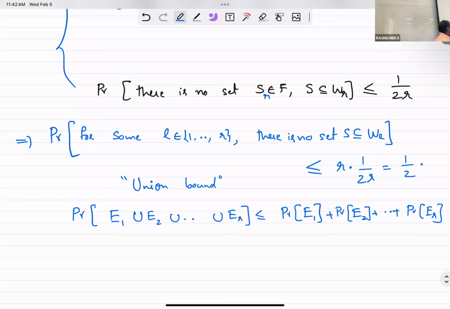So it's like saying, if the chance of rain is 0.1, and the chance of, let's say, sun is 0.1, the chance that one of them happens is at most 0.2.